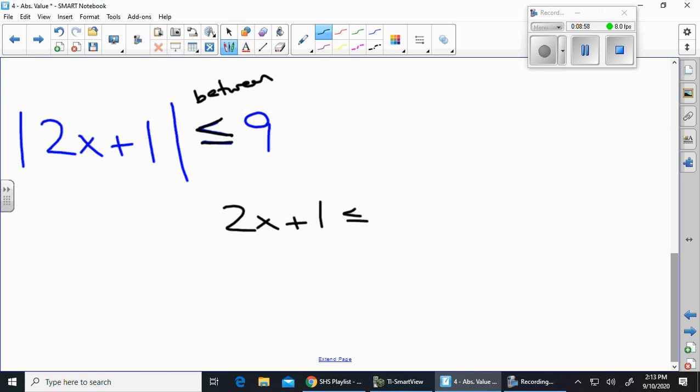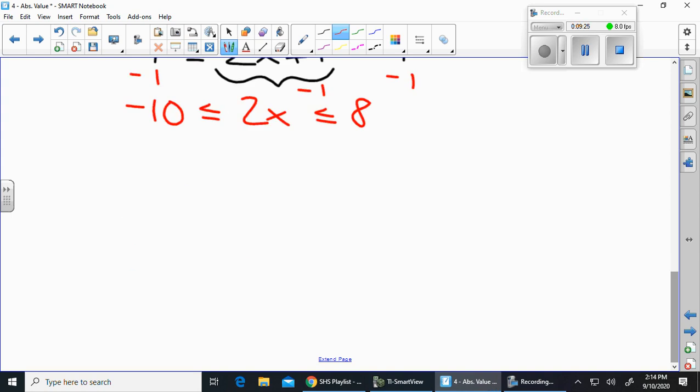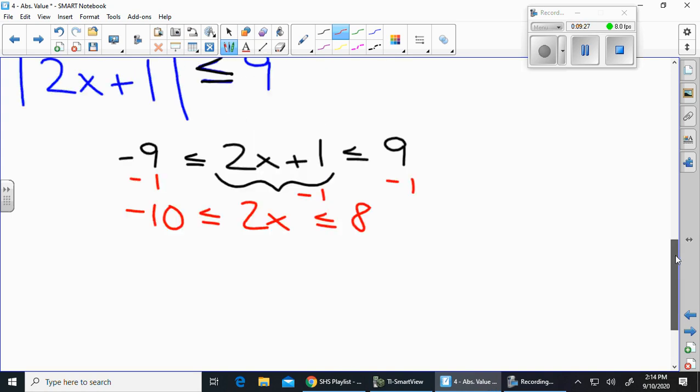So how do I set up my equation? 2x plus 1 is less than or equal to 9. A between, the x has to be in the middle. I take the same inequality sign. Negative 9 over here. Then remember, I work from the middle. Subtract 1, subtract 1, subtract 1. So I have negative 10, 2x, 8. I'm working from the middle.